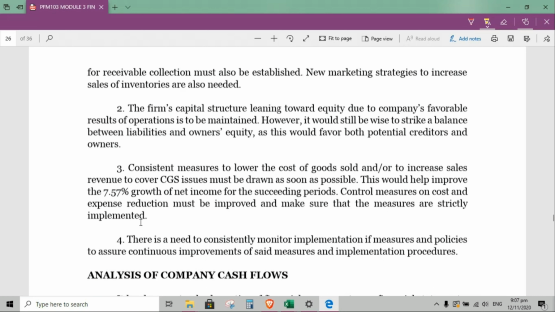Okay, next is consistent measures to lower the cost of goods sold and or to increase sales revenue to cover the cost of goods sold issues must be drawn as soon as possible. This would help improve the 7.57% growth of net income for the succeeding periods. Control measures on cost and expense reduction must be improved and make sure that the measures are strictly implemented.